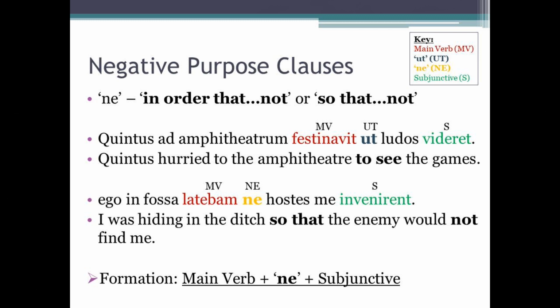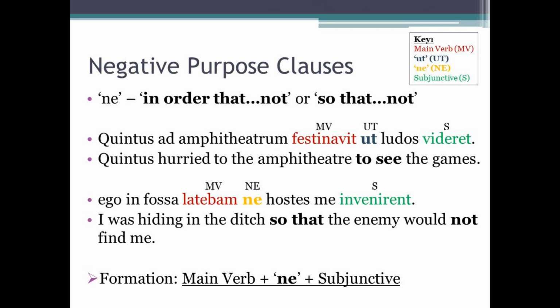If we have a look at this first example, Quintus ad amphitheatrum festinavit ut ludos videret. This is an ordinary purpose clause with ut, meaning Quintus hurried to the amphitheatre to see the games. However, in this second example, ego in fossa latebam ne hostes me invenirent.